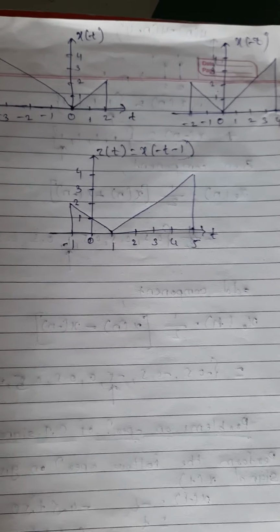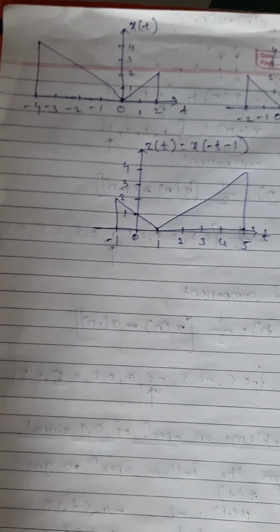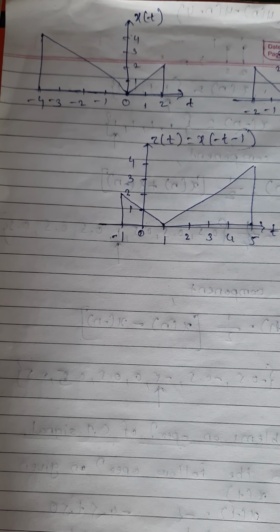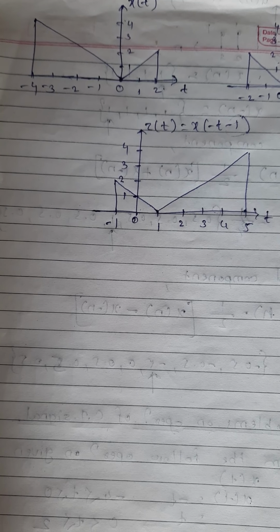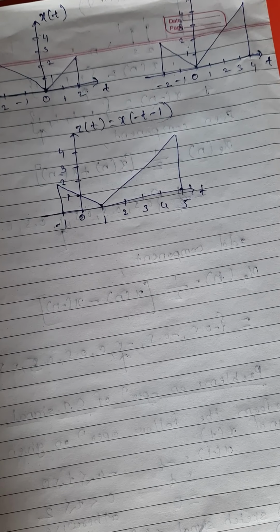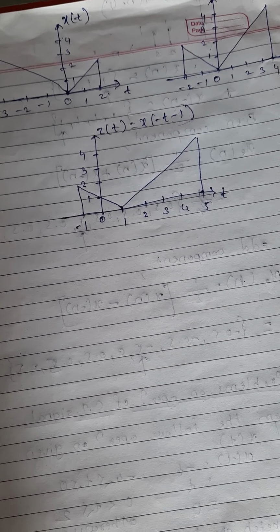So this signal is z of t, that is x of minus t minus 1. This type of problem was for 4 marks, was asked in exam.